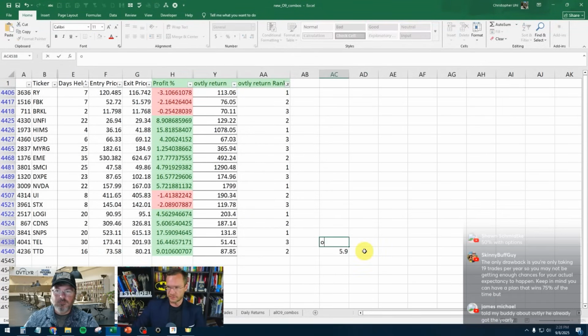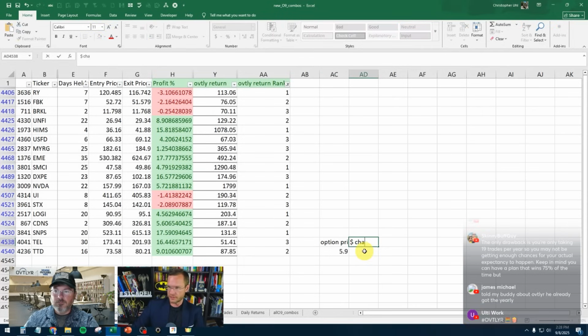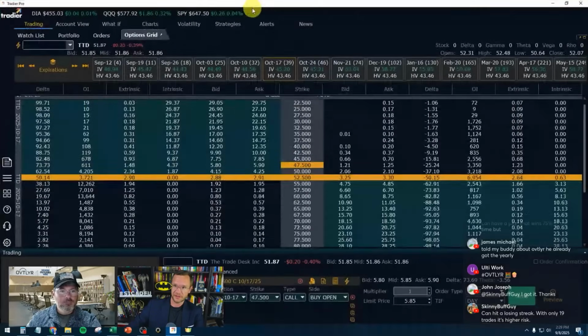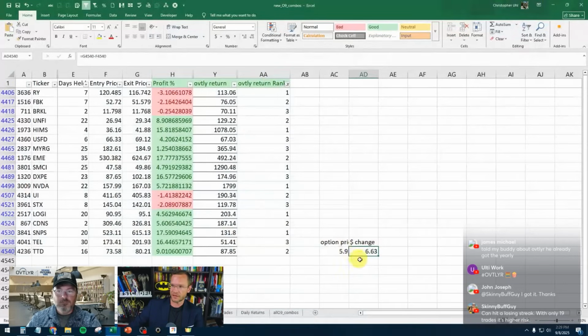So option price, and then dollar change is this minus this, so that's $6.63. Now, we don't get all of that, Joe. We get approximately the delta, but it's never perfect. But let's say that we go with 73% of that.